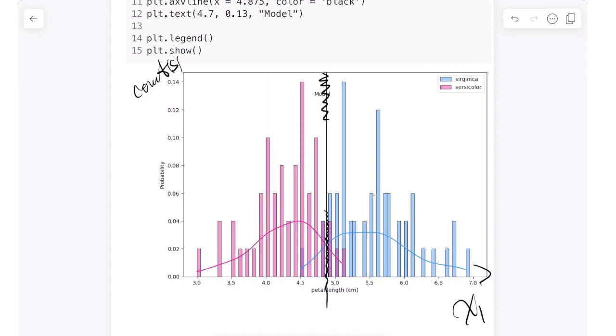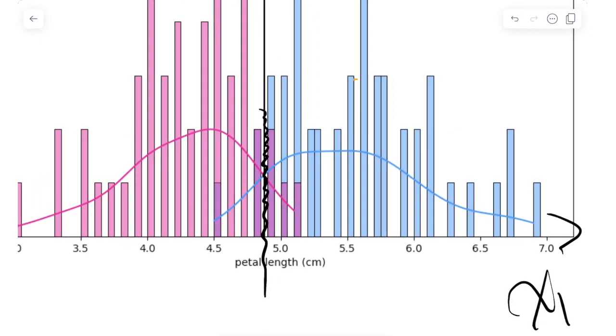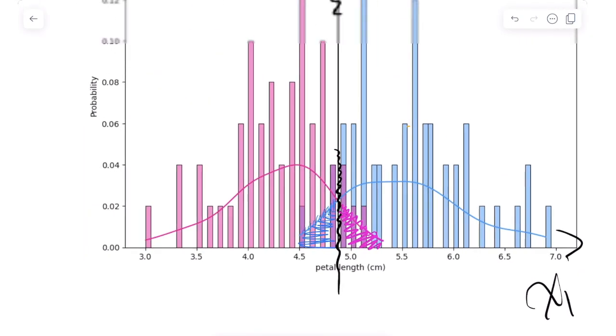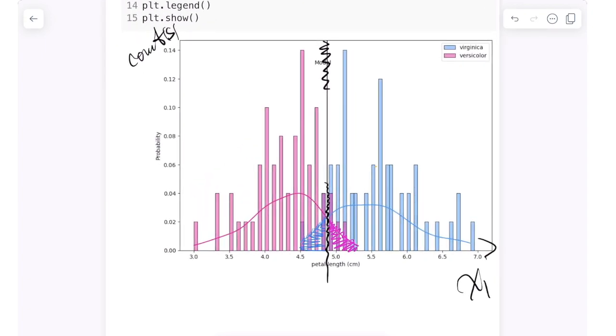As we can see, some blue points fall under the boundary line, right? So the blue data points under this area are misclassification, and some pink data points which are above the boundary line are also misclassification, right?